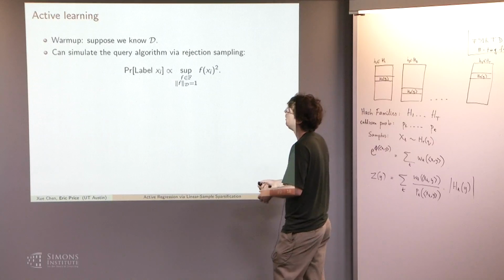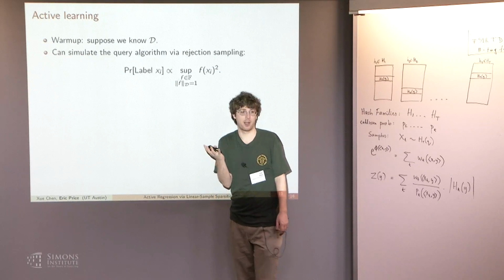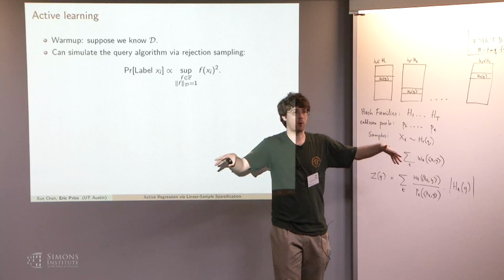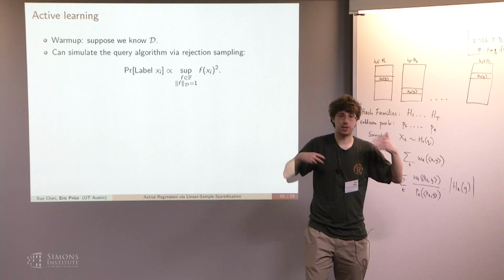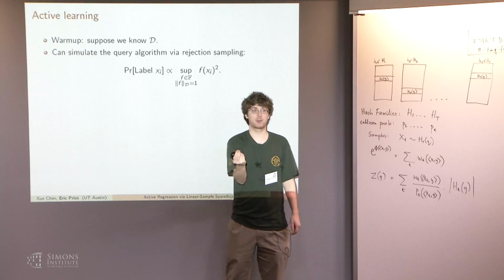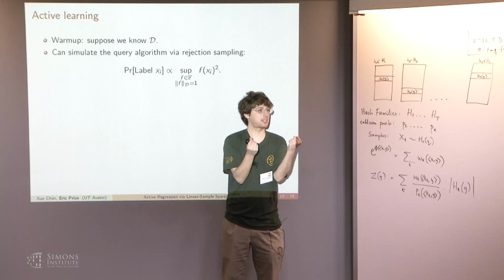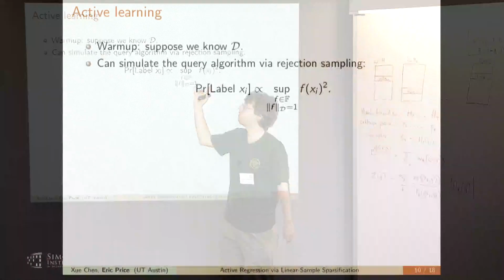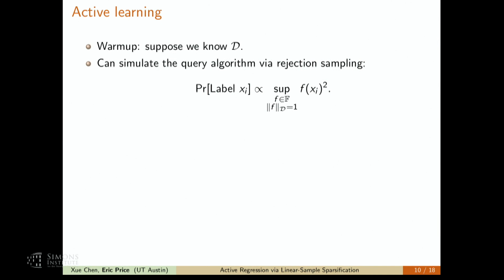So in this setting, we can now simulate the query algorithm where we wanted to sample proportional to this D prime by rejection sampling. Whenever we wanted to sample points proportional to D of x times the sup over f of f of x squared, we'll just choose to label any point that we get with probability proportional to this.